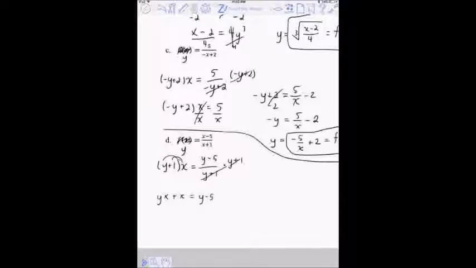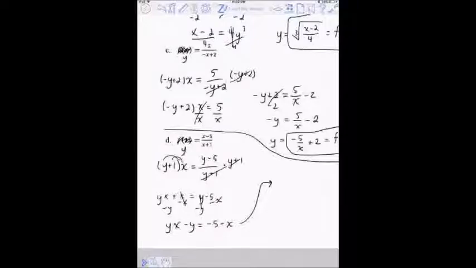So I've got y terms on both sides of the equation. I've got yx here, and I've got y. So I want to get the y's on the same side. Subtract this y over here. But then I want to move that x to the right side. So now on the left side I get yx minus y. On the right side I get negative 5 minus x.